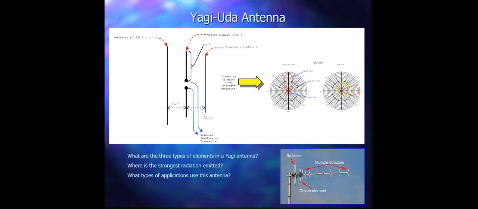This type of antenna is mainly used in television broadcast reception, where a wide frequency range must be covered. And the gain of the Yagi-Uda antenna is around 7.1 dBi, which is very high compared to the other antennas we saw.